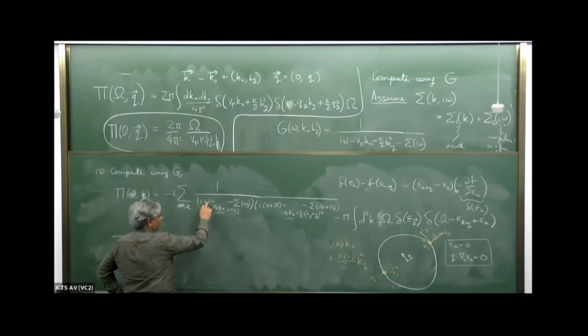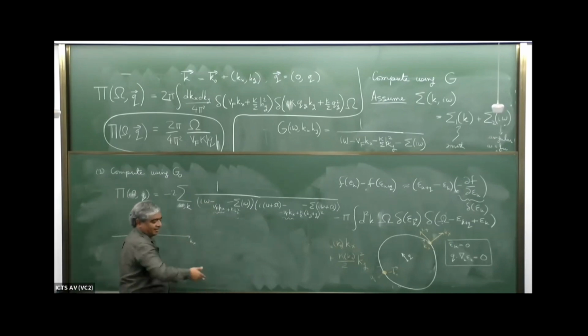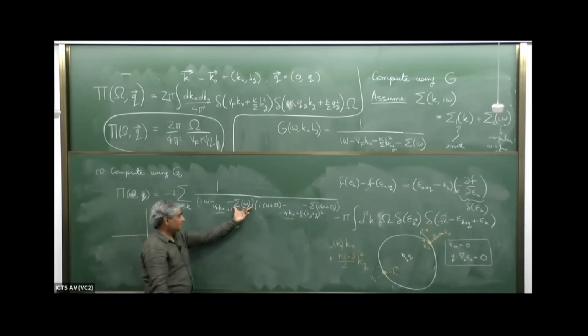If omega is positive, the pole will be in the upper half plane, and if omega is negative, it will be in the lower half plane. Now, one thing we'll find, and this again you can check, and it's actually required by analyticity of the Green's function, is that the sign of sigma is the same as the sign of omega. If this is positive, then this is positive, and so on, with the i out front.